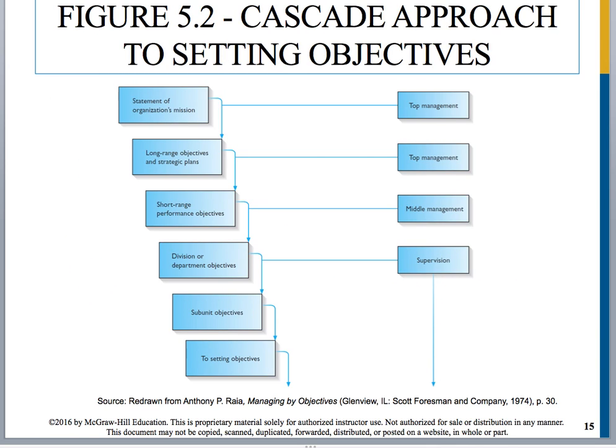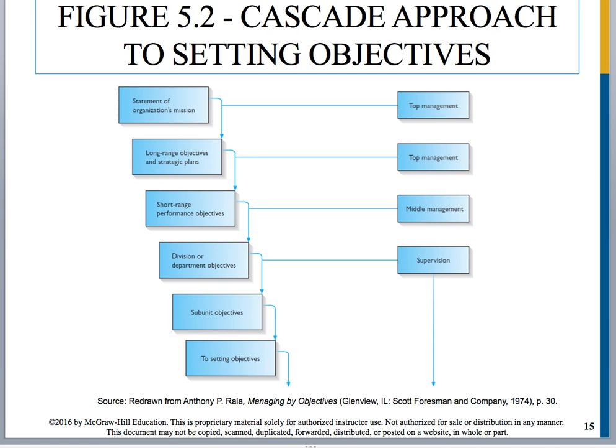And so here's a cascading approach where you see the statement of the mission, right? The mission is why we are here, why we started the business, why we come in and work. Your top managers set that mission statement. They also help establish the long-range objectives and strategic plans, right? Those are always things that are going out for a multitude of years.